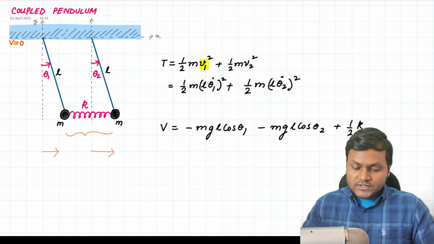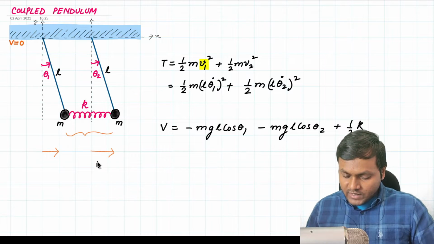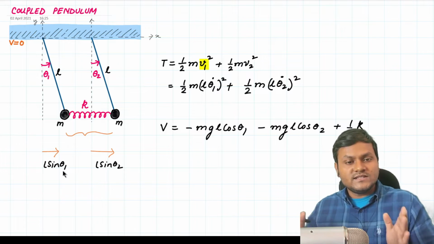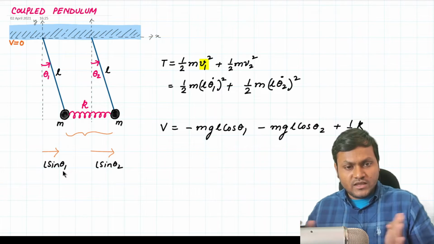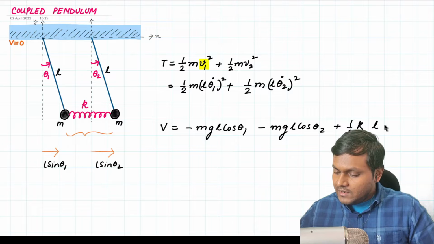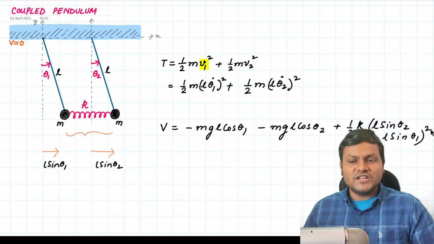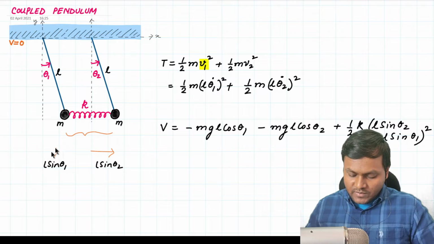The extension of one end is L sine theta 2, and the extension of the first end is L sine theta 1. So the overall extension of the spring is L sine theta 2 minus L sine theta 1, whole square. This is the potential energy due to the spring mass system, right?